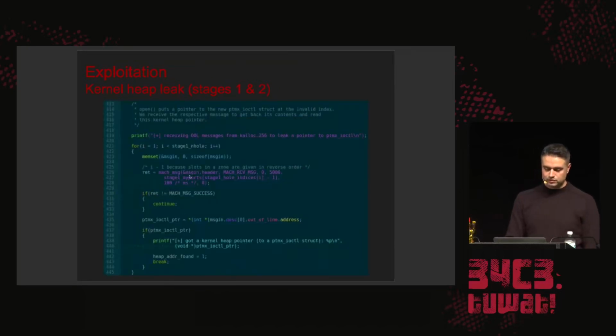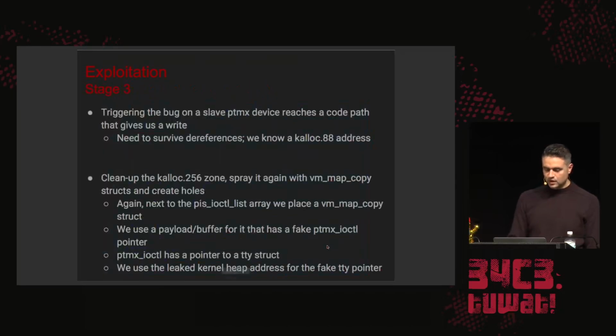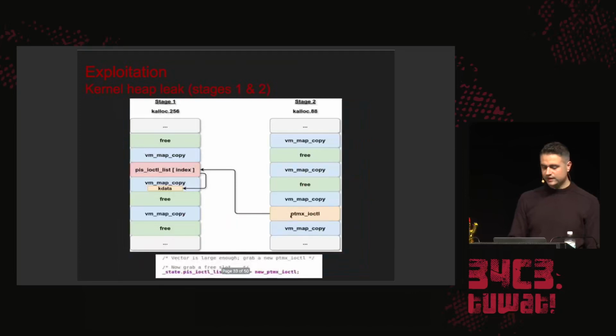So that's the code to do that. I simply receive all the messages, and that's my address. Okay, so at this point, what I only have is this address, right? I have the address of this heap slot.